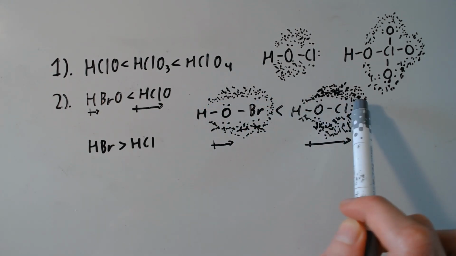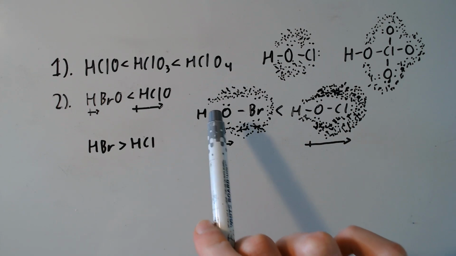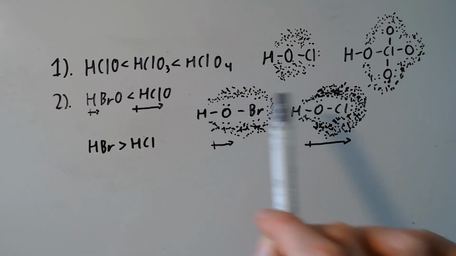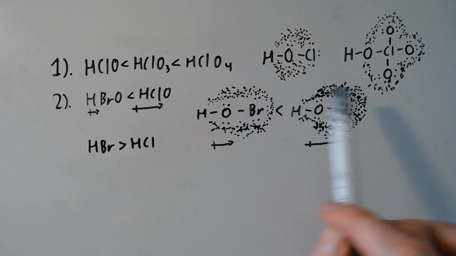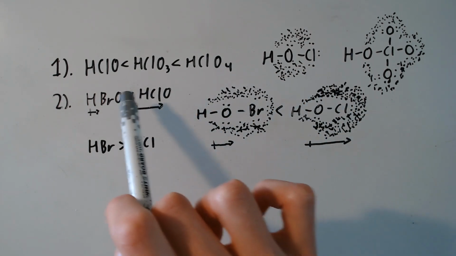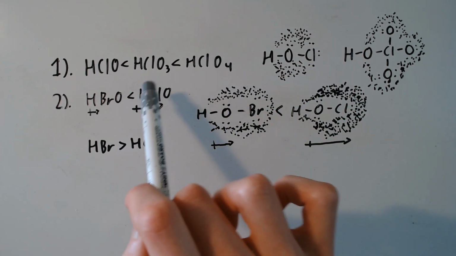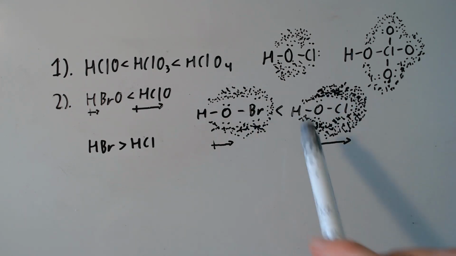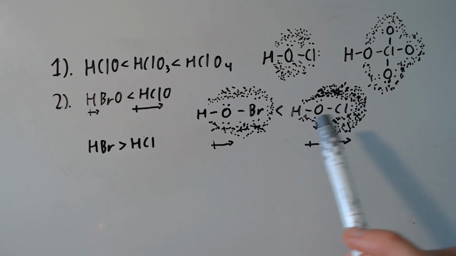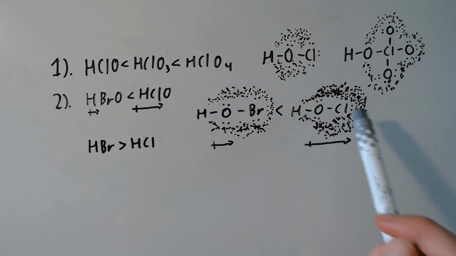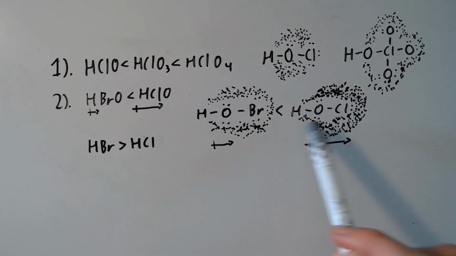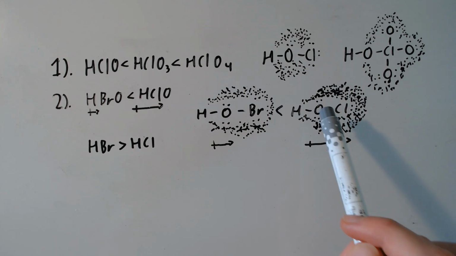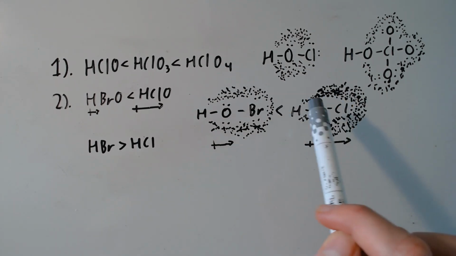But this shift in electrons towards the chlorine does make the entire molecule more polar. And because the molecule becomes more polar, with an increasing electronegative central atom, the Cl in this case, this more polar molecule has an easier time forming attractions with water molecules, and because of that, the water molecules have an easier time taking off these H's, and because of that, this acid is much stronger.